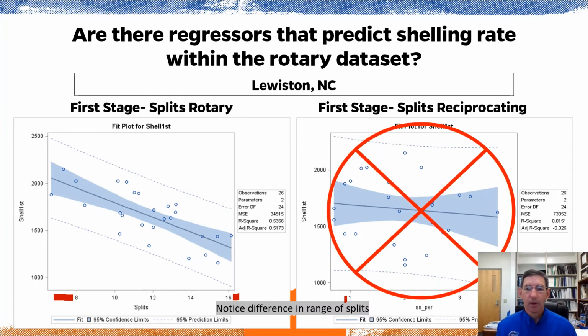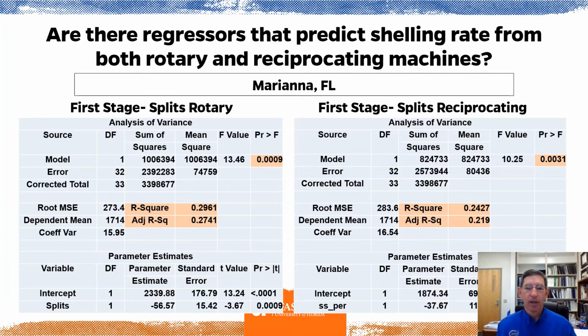Then we looked also at the Marianna location, where there was a bit of a correlation between the splits from the reciprocating sheller here and the first stage shelling rate that was seen from the rotary sheller. But the results were not strong.